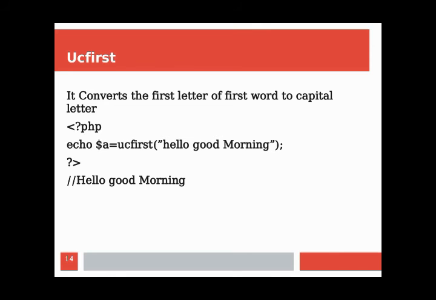While executing this, it converts the first letter of the first word to a capital letter. That's why in hello, H is capital, and ELLO stays small. Then good is kept as it is, because this is only for the first letter of the first word, and morning is displayed as it is, since the M is already capital. So the output is Hello, good morning, and the conversion is only for the first word, converting its first letter H to capital.